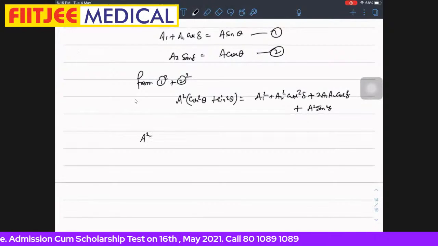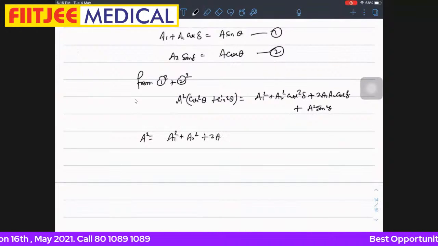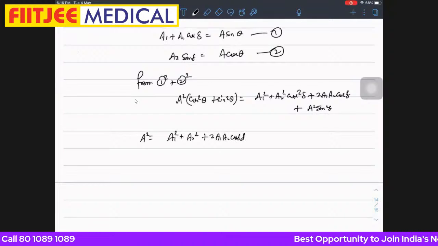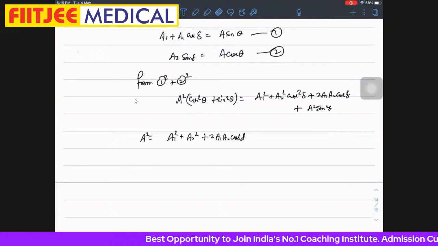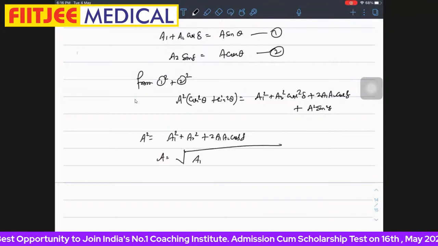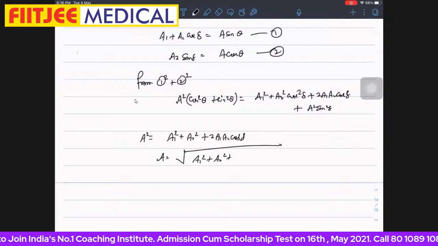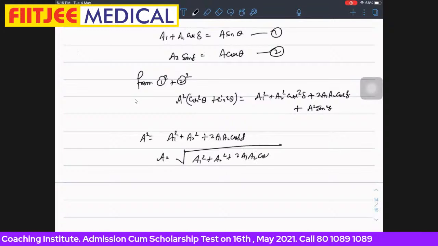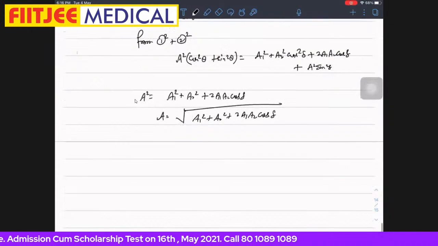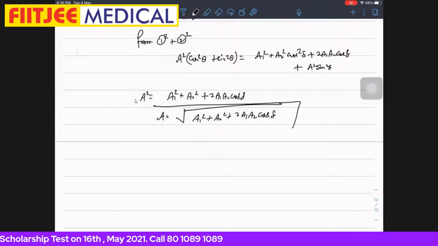So this will become A square is equal to A1 square plus A2 square plus 2 A1 A2 cos delta. So amplitude we can write as A equals root under A1 square plus A2 square plus 2 A1 A2 cos delta. This is the thing.